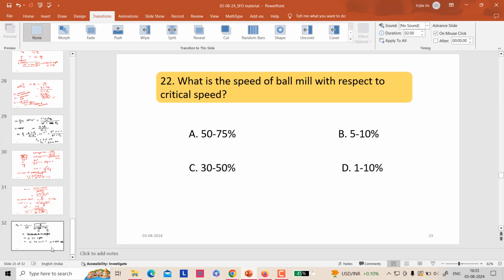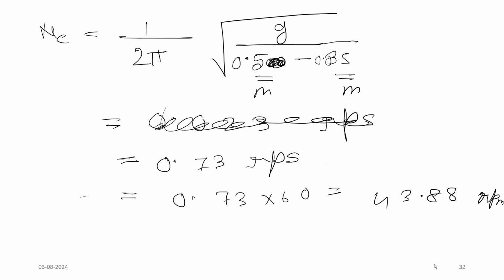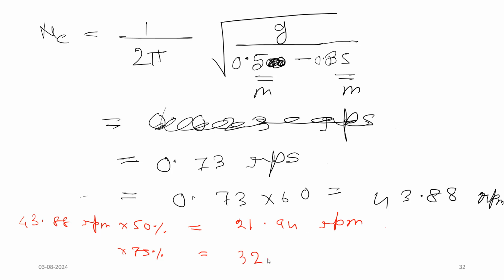So if this is 50%, what is the 50% value? 43.88 RPM into 50% is 21.94 RPM, and if it is 75%, it will be multiplied by 0.75, and it will be coming as 32.91 RPM.